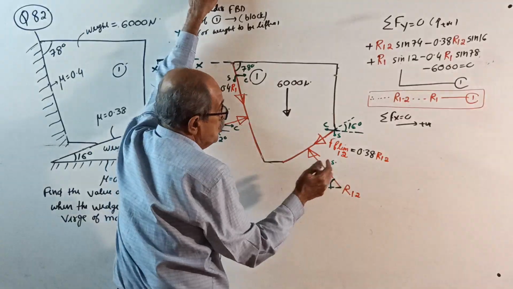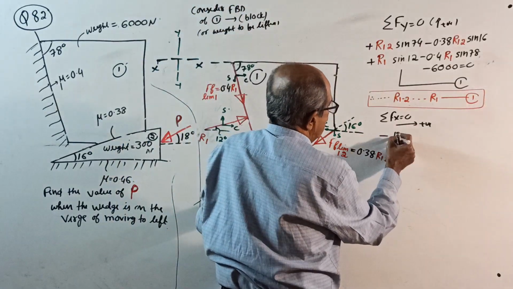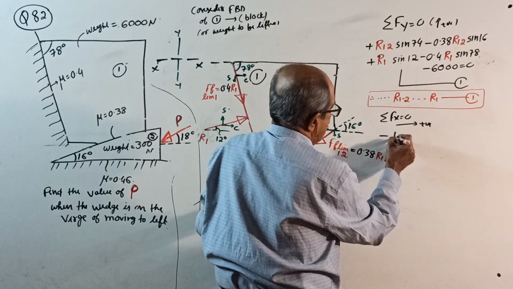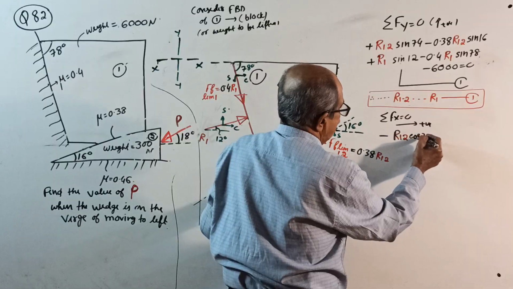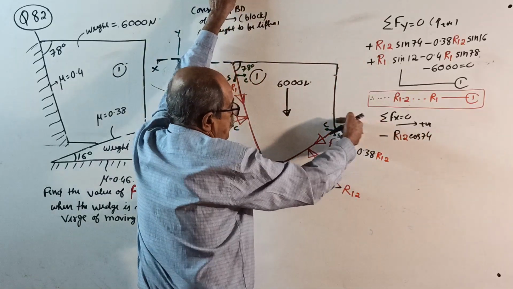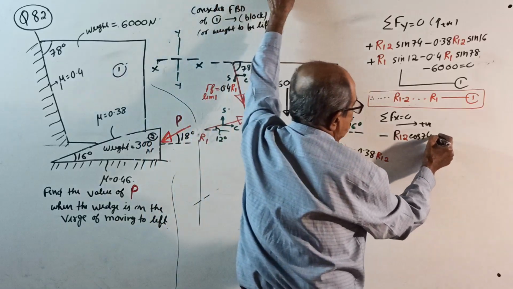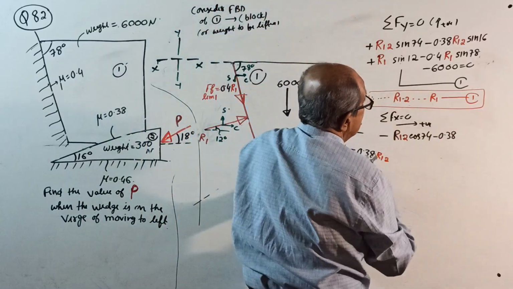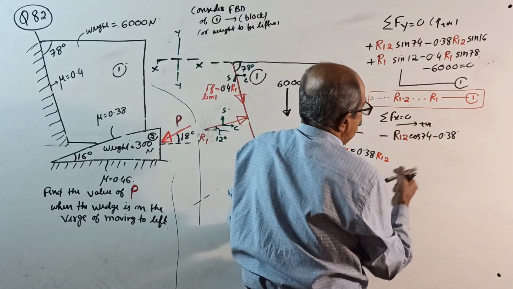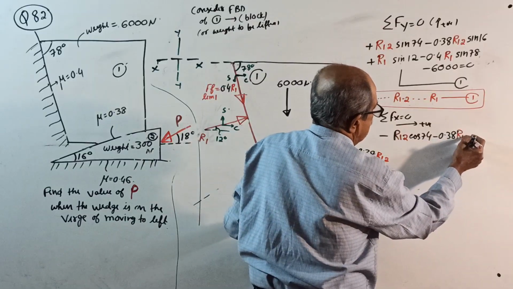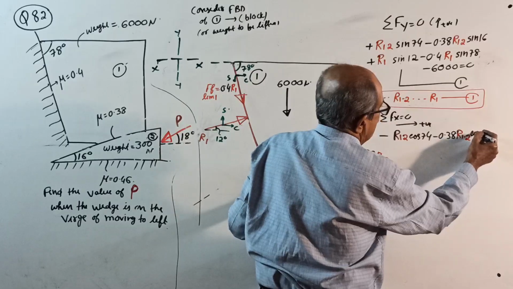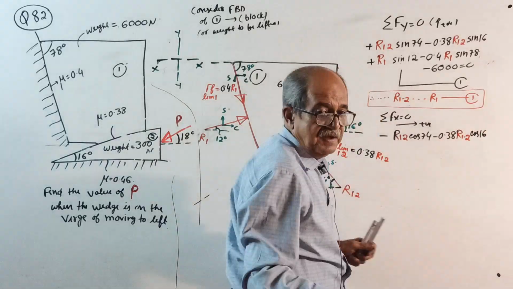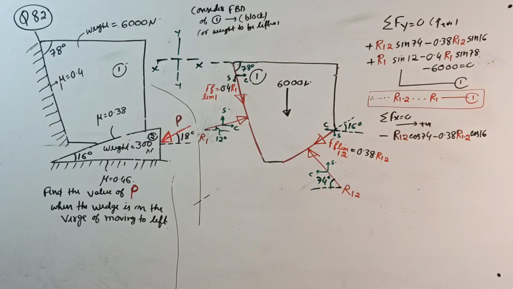Minus R12 cos 74, minus 0.38 R12 cos 16, I think. Camera, no problem? No problem, okay.